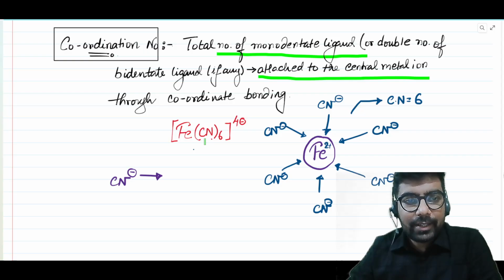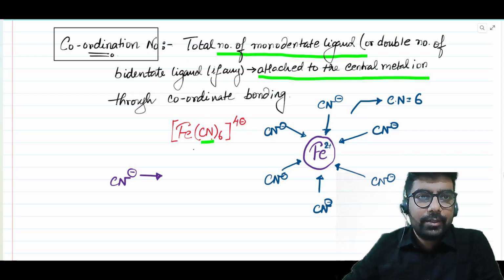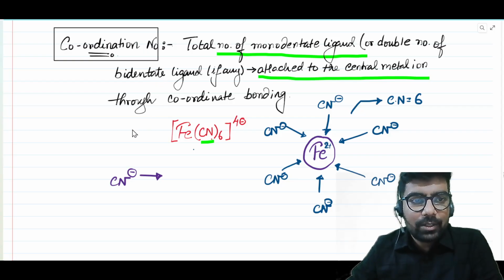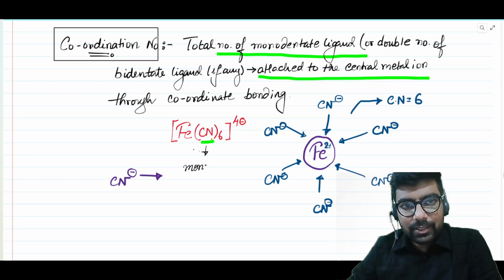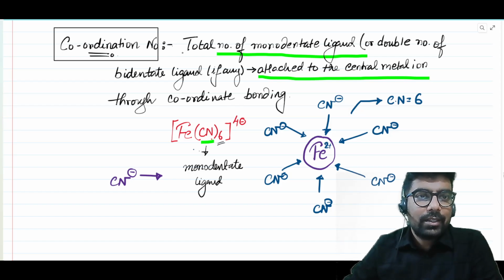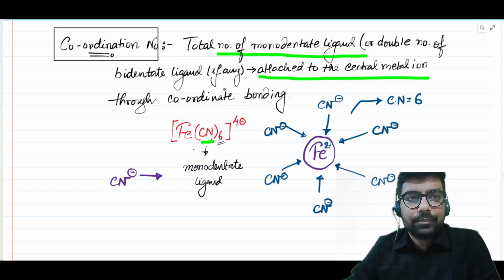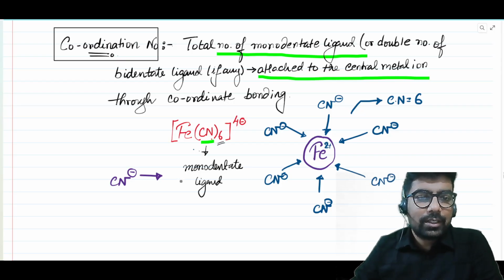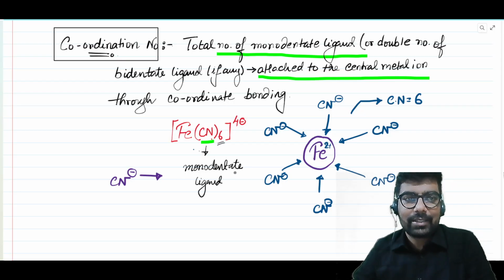Over here the cyanide is a monodentate ligand, and we have 6 of them. So basically the coordination number is 6.